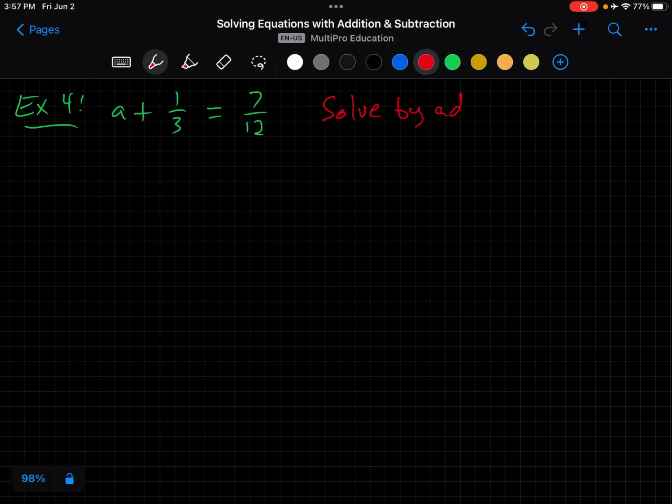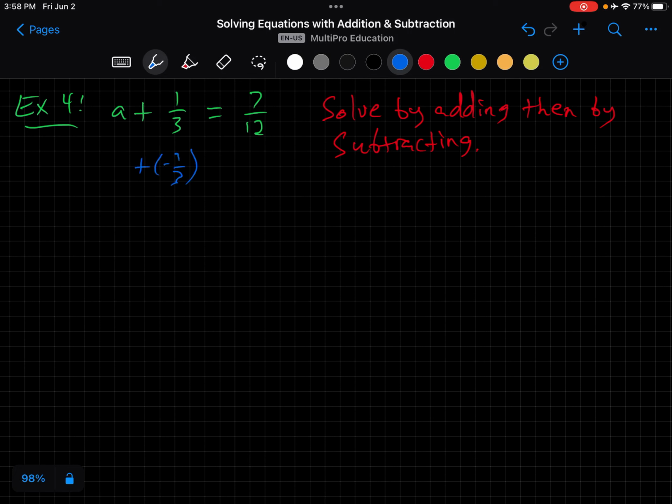We want to solve by adding, then by subtracting. Okay? So the first time that we solve this, we're going to do it by addition. And then the second time we do it, we want to do it by subtraction. So let's do the adding first.